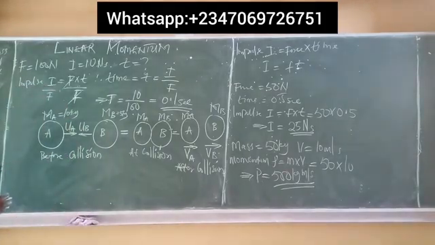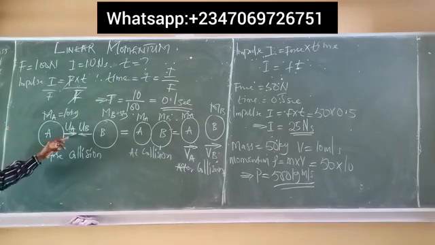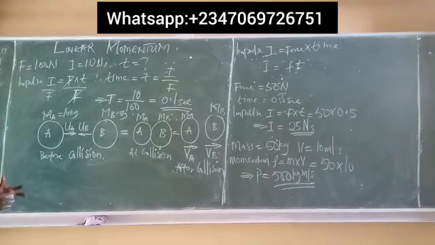Now let's take a look at this. We said that momentum is mass times velocity. So this object A has a mass of ma and a speed of ua. From the principle of conservation of linear momentum, the total momentum before collision must be equal to the total momentum after collision.